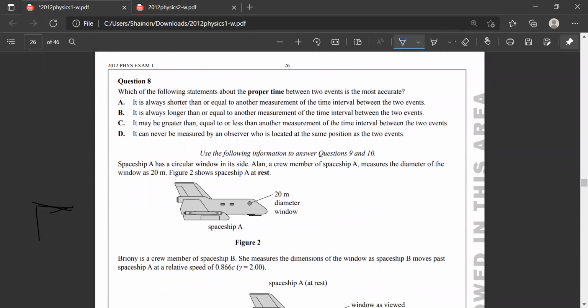But proper time, the formula for this is this over 1 minus v squared over c squared. I should write a bit further up. L equals L0 over, wait, let me just write it.